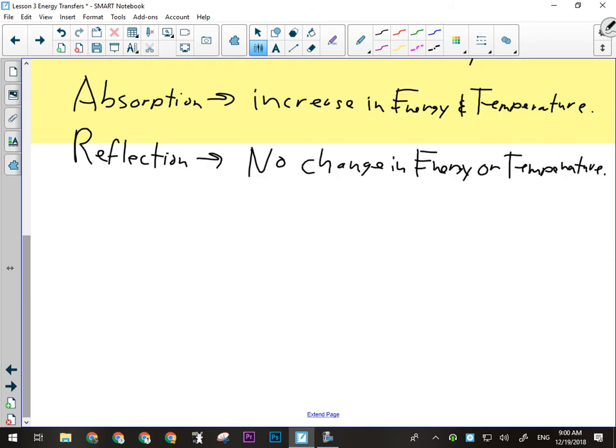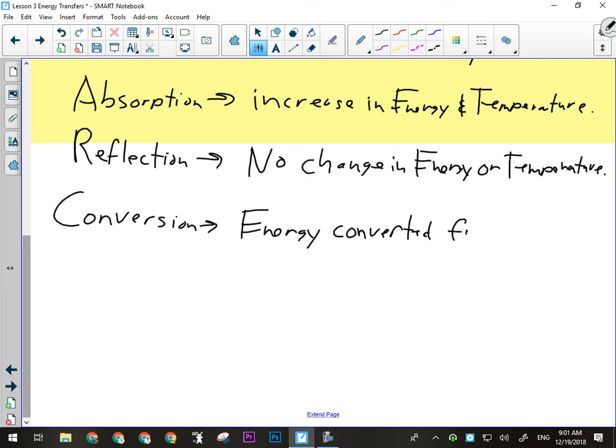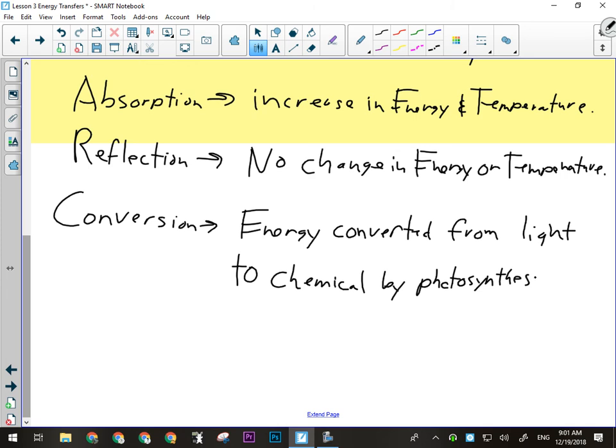And then the last fate is conversion. Those are the three things that can happen.